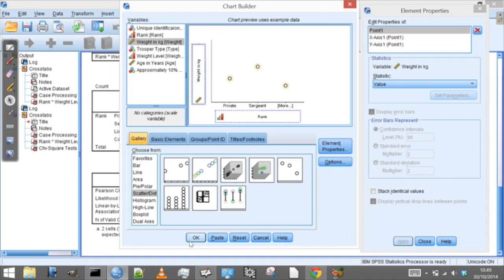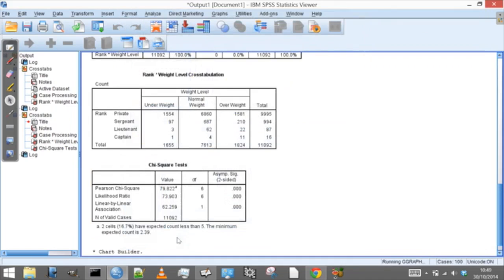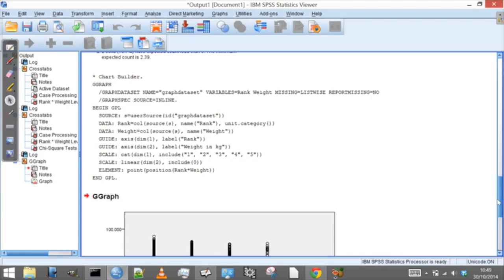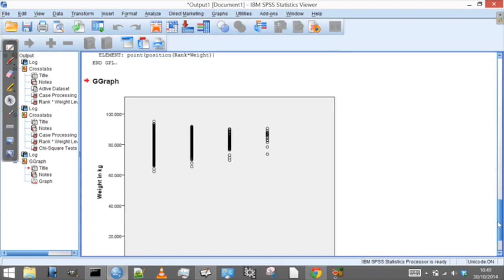And so once you do this, you get something that looks like this. Now, it looks a bit messy, and it's not immediately clear to me what the underlying relationship is in the data set.